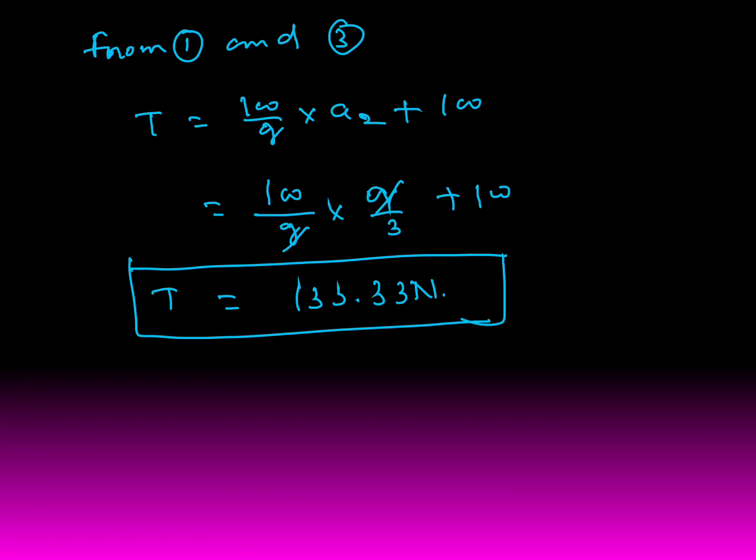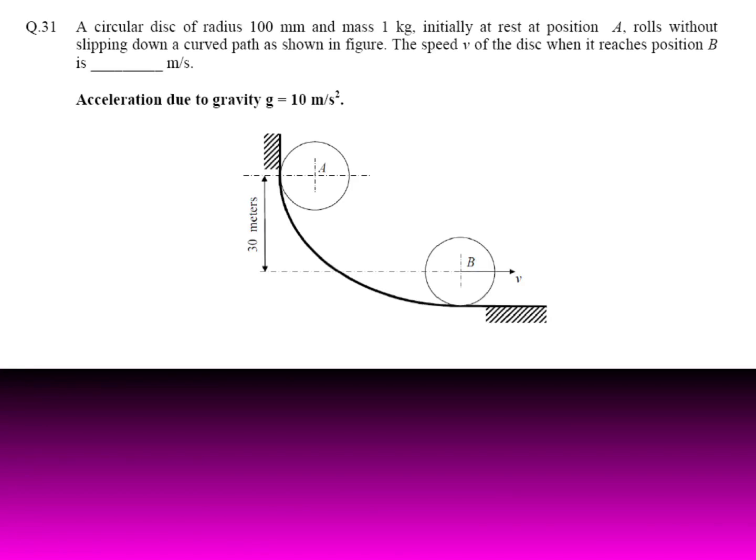A circular disc of radius 100 mm and mass 1 kg, initially at rest at position A, rolls without slipping down a curved path as shown in the figure. What is the speed of the disc when it reaches position B? It is initially at position A and it rolls. So both translational kinetic energy and rotational kinetic energy we have to use.